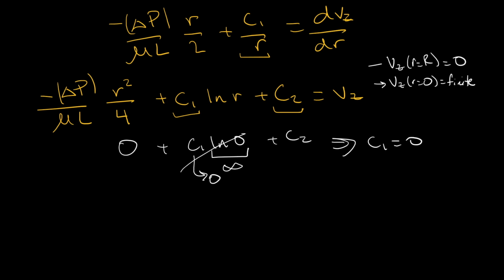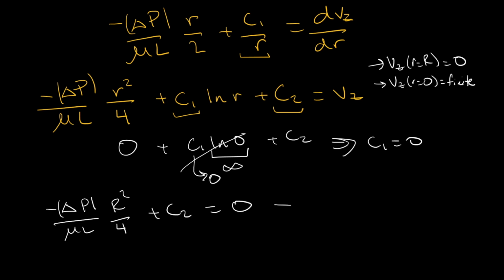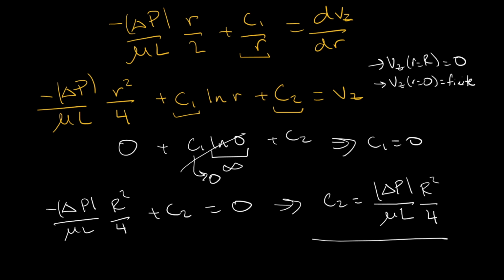Now we can use our second boundary condition to finish up the solution to this problem. Negative delta P over mu L capital R squared over 4 plus C2 is equal to 0. So that gives us a solution for C2 is equal to just this set of constants right here.